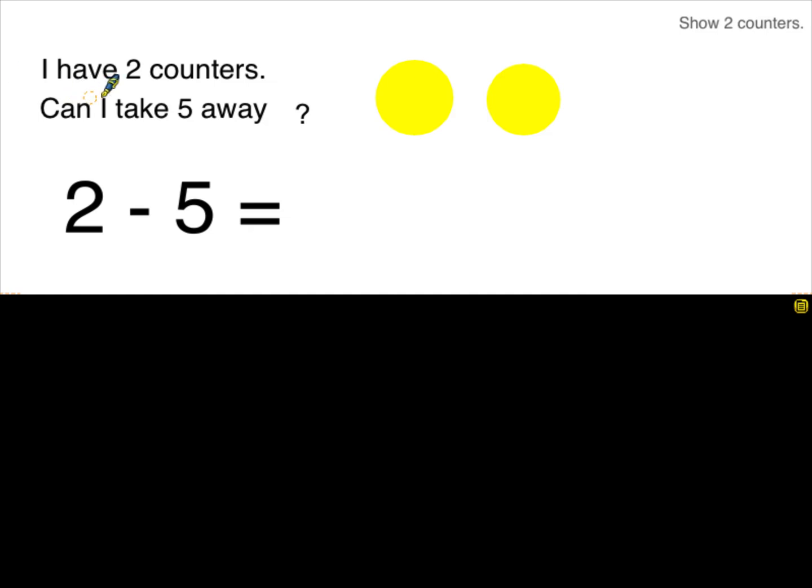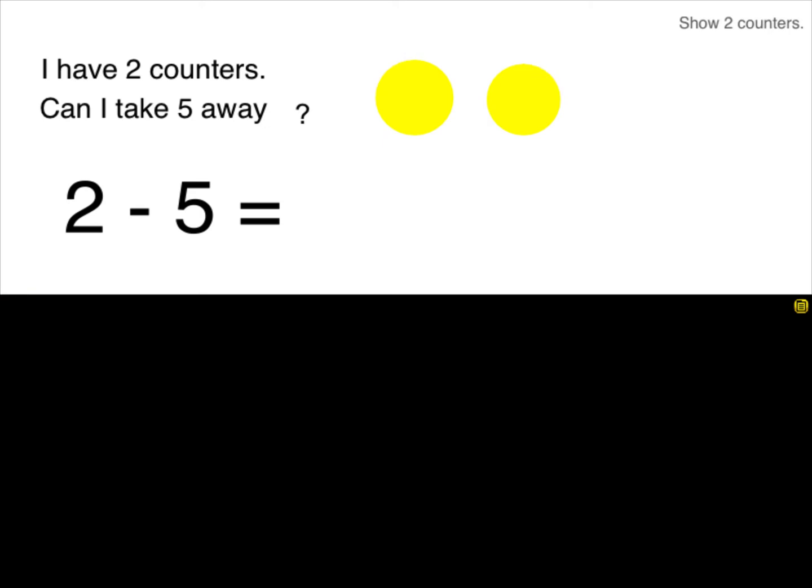So here we have 2 counters. 1, 2. We start with 2. Can I take away 5? Those look like eyeballs. Can I take away 5 circles if I have just started off with 2?